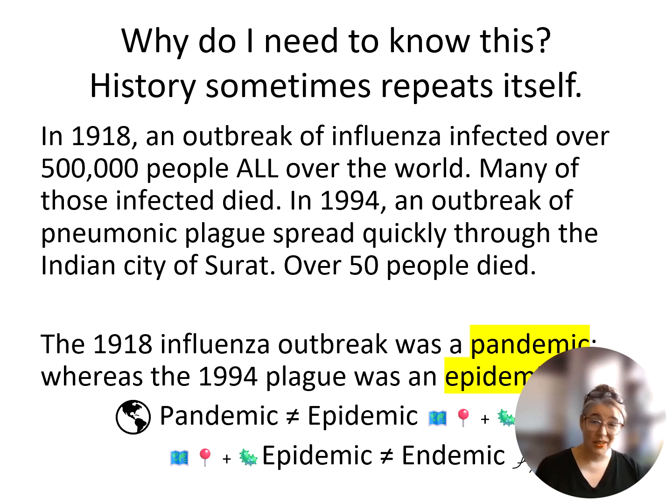And sometimes you'll hear very similar sounding words and similarly spelled words in science. And that's going to be like epidemic and endemic. Well, an epidemic is something impacting one geographic area and it's contained there. It usually has a start and an end point. This is like the pneumonic plague outbreak in 1994. Eventually it ended. It's not still ongoing.